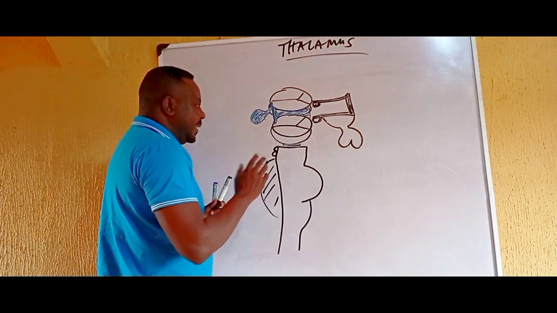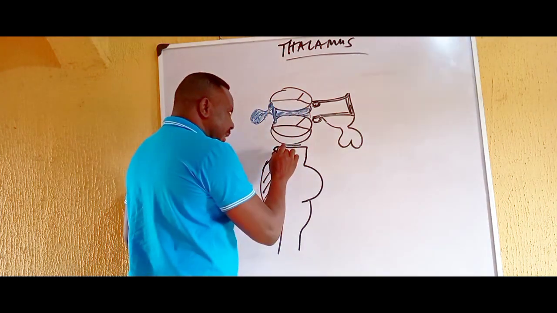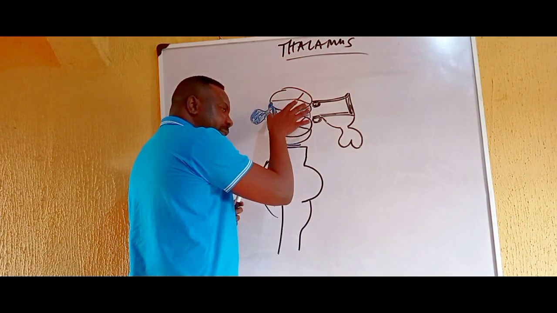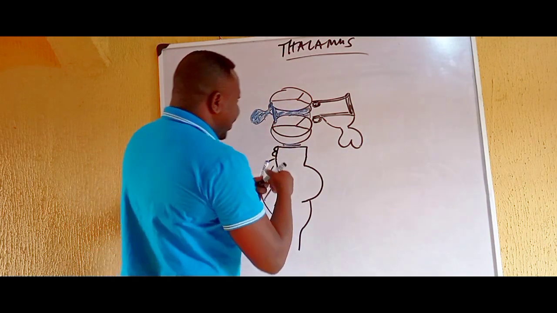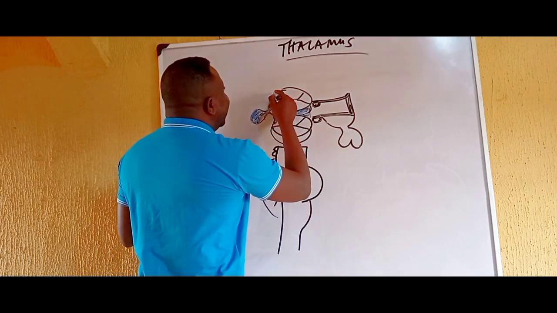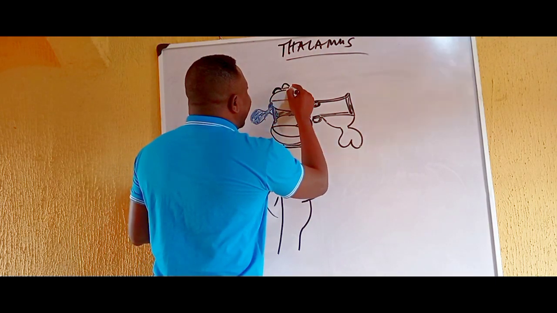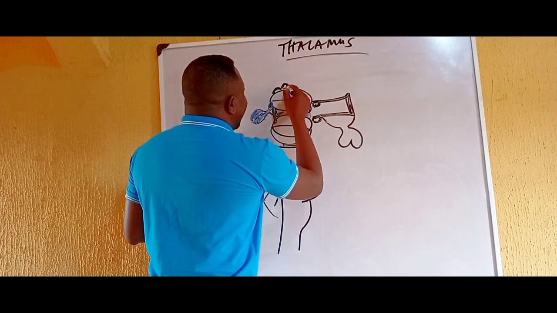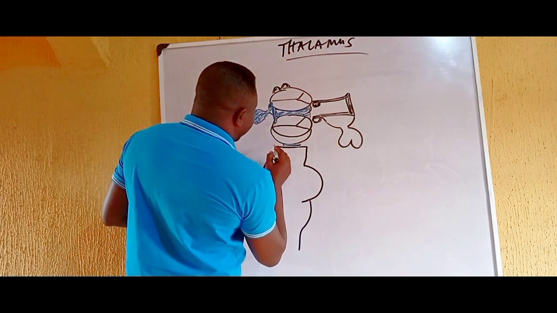But then you should know that the midbrain is not part of the diencephalon. The diencephalon is actually above the midbrain. And then, of course, we also have the medial geniculate body and the lateral geniculate body. Over here we have the same thing.